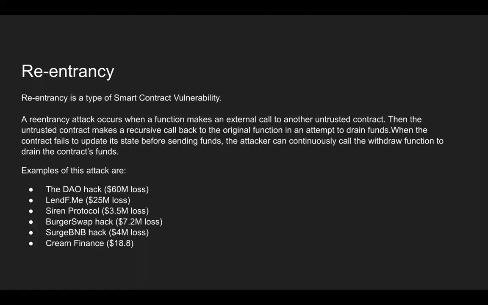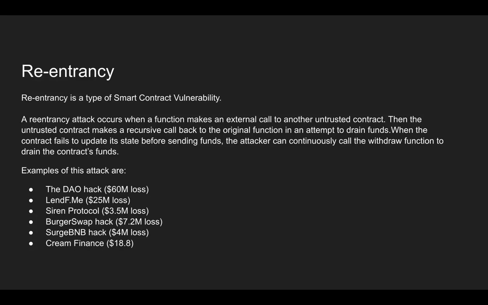The normal way we think is, when they call the function, you send the money, then you update the state. No, you have to call the function and update the state before you send the funds. That way, the untrusted or external contract, as the case may be, will not be able to call the withdraw function again because the state would have been updated.